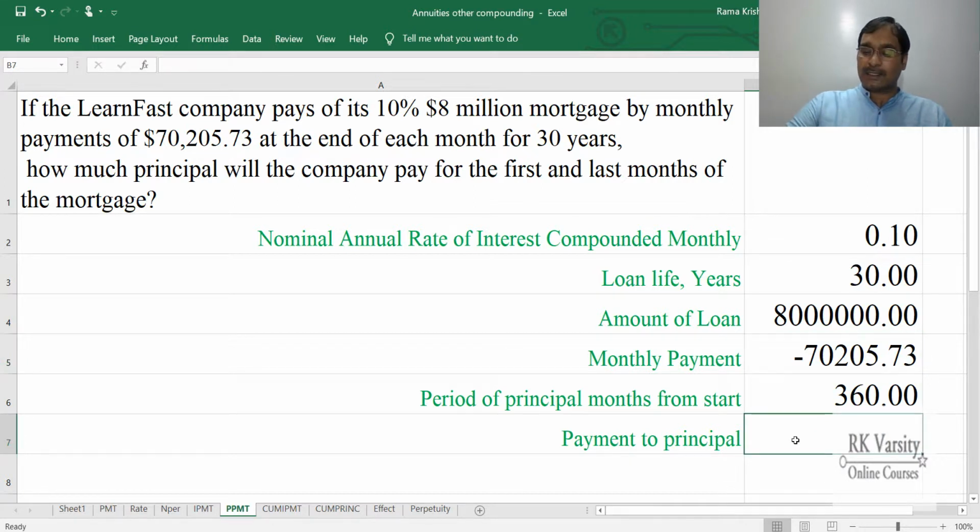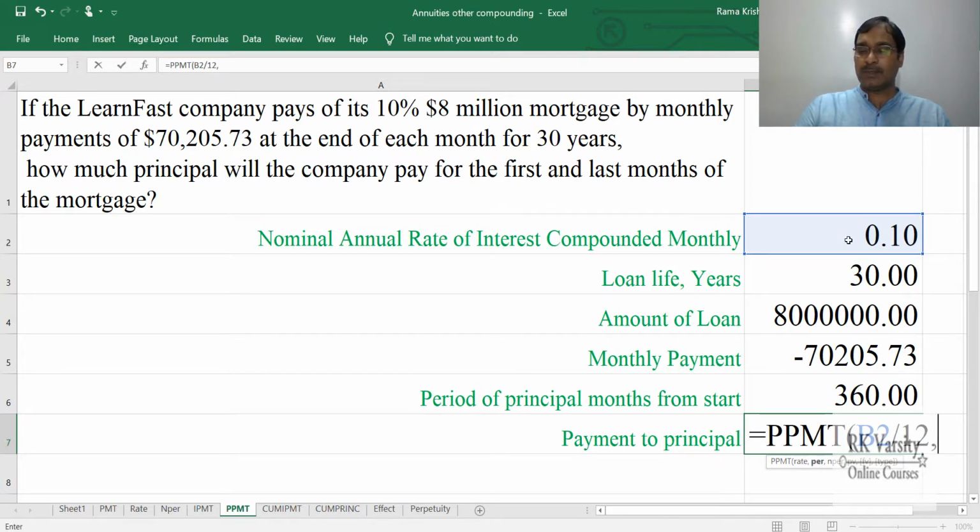Now we'll recalculate for the last month, that is the 360th month. In this case, equal to PPMT, that is principal payment, rate, annual rate divided by 12 to get a monthly compounding rate, comma, period, which month you want, the last month, so 360, comma, your number of periods, select this one, place a comma and select your loan amount, close the bracket, press the enter key.